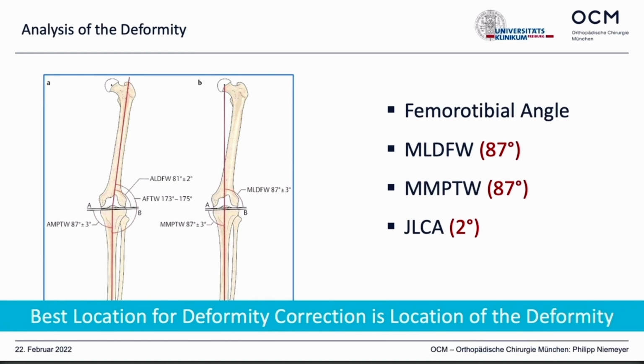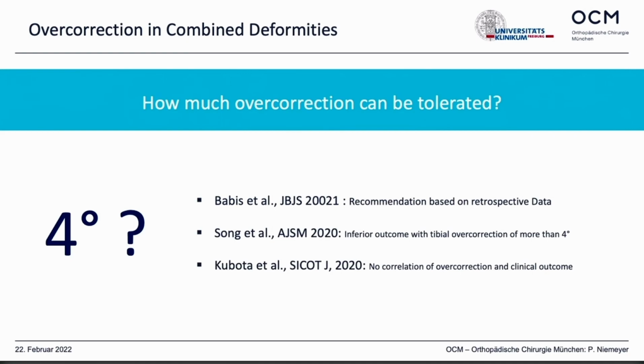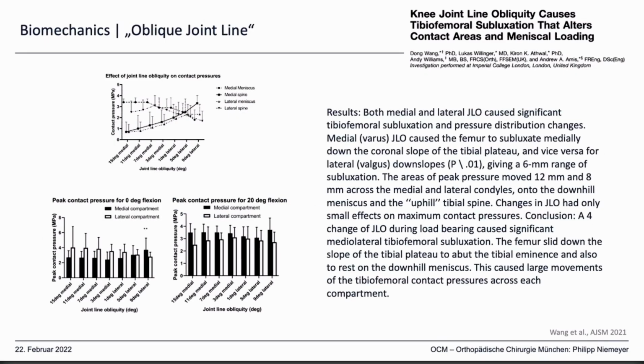You can actually also say, if you correct a tibial deformity on the femur, you're actually more or less creating a second deformity. Even if the alignment is straight in these patients, the joint line is oblique. And this is really a problem which has been identified in the literature as a relevant issue. We have several studies that show that an oblique joint line is correlated with inferior clinical outcome, and a recent paper has discovered that biomechanics are really pathological once the joint line is oblique.